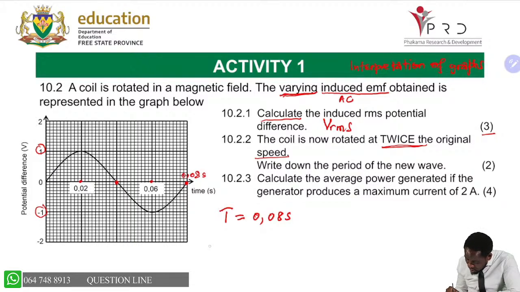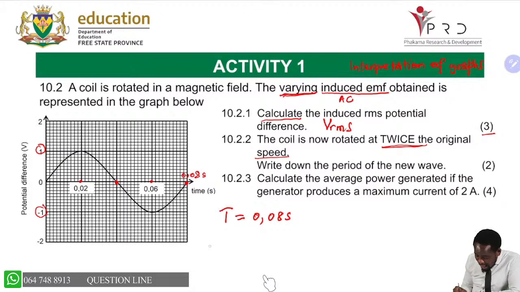So IRMS is equal to 2 over root 2 amperes. So P average, if we substitute now, is equal to 1 over root 2, which is the 0.71, multiplied by 2 over root 2.